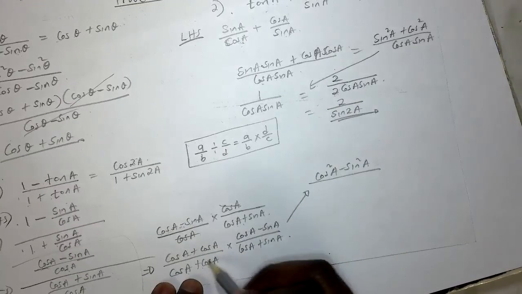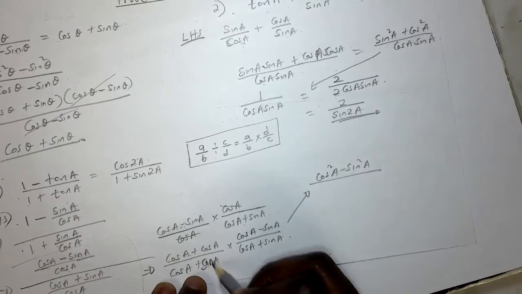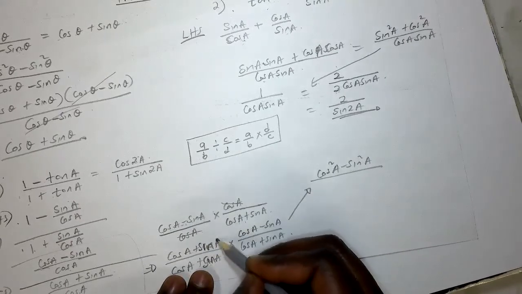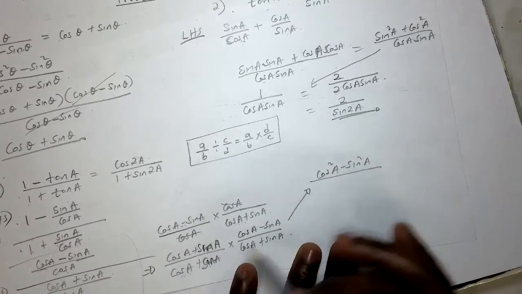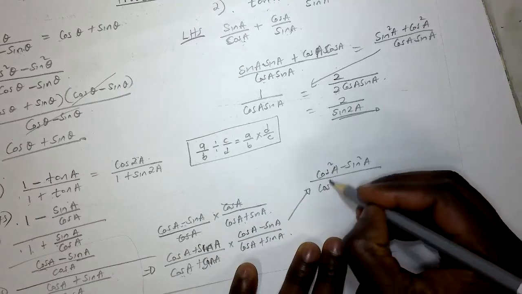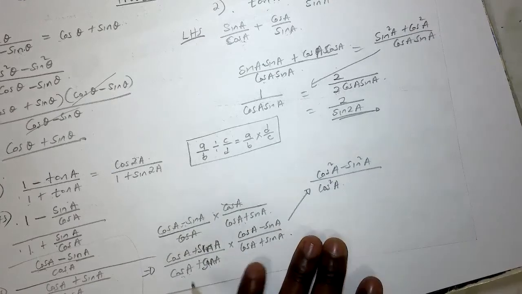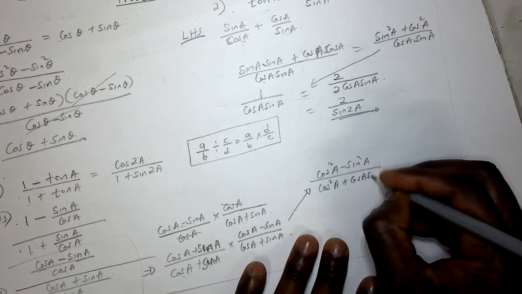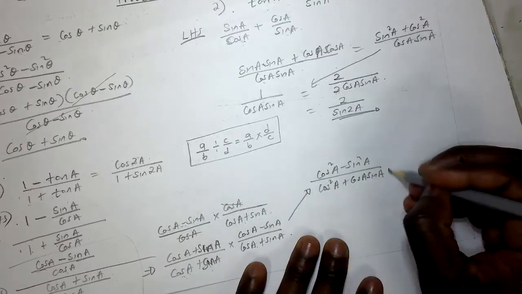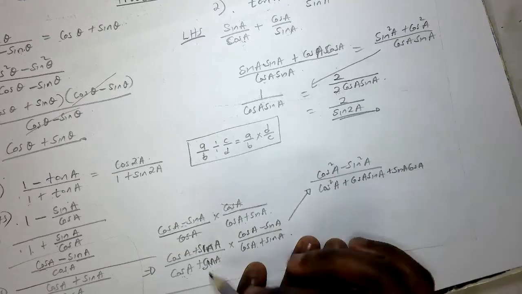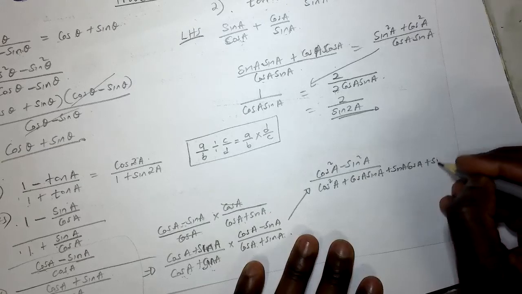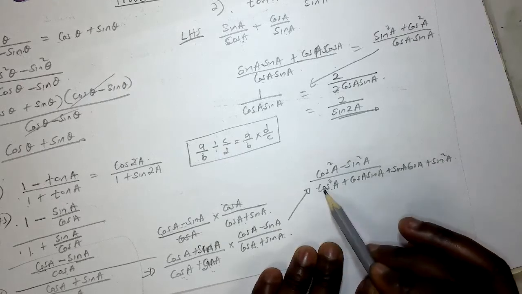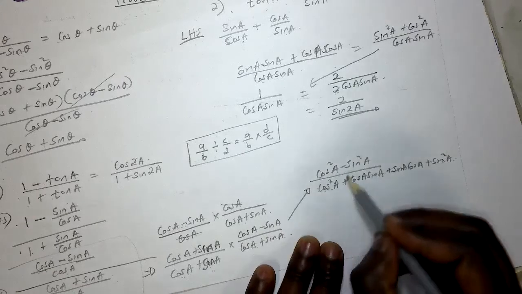Over, when you multiply the denominators, cos A plus sine A, sorry about this, we are going to have cos A times cos A, we get cos squared A, then cos A times sine A, plus cos A sine A, then sine A times cos A, plus sine A cos A, then sine A times sine A, plus sine squared A. Then cos squared A plus sine squared A gives 1.